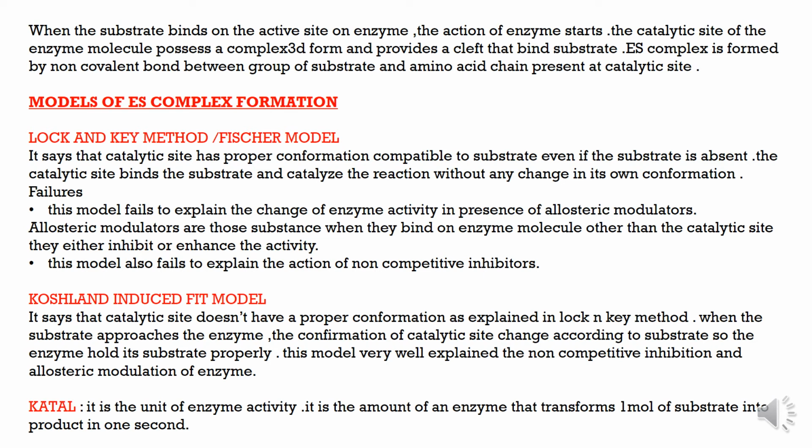When the substrate binds on the active site of enzyme, the action of enzyme starts. The catalytic site of the enzyme molecule possesses a complex 3D form and provides a cleft that binds substrate. The ES complex is formed by non-covalent bonds between groups of substrate and amino acid chains present at the catalytic site.